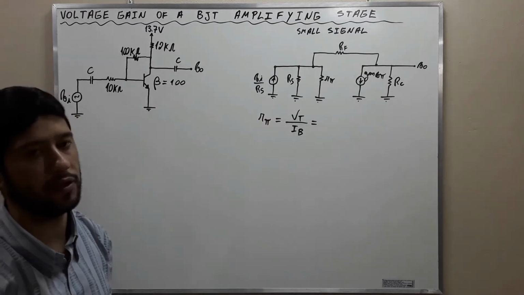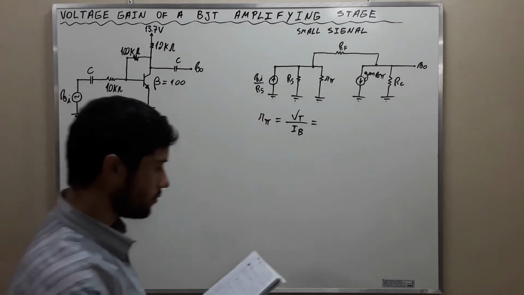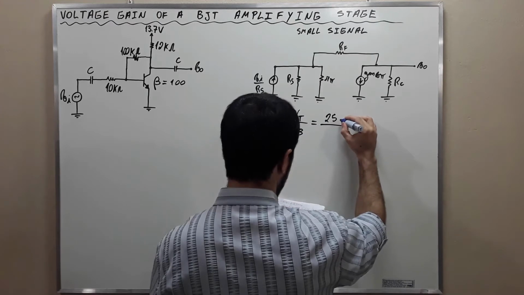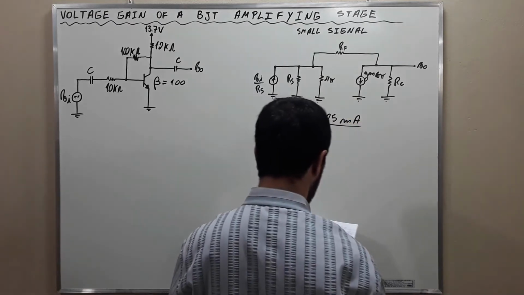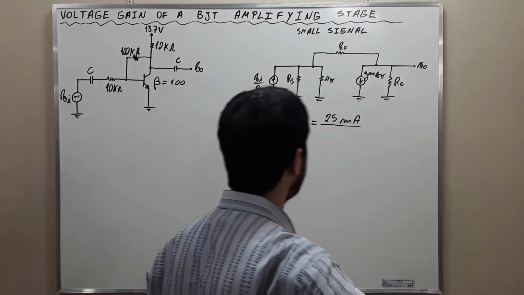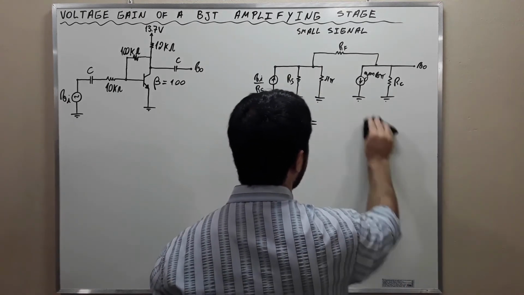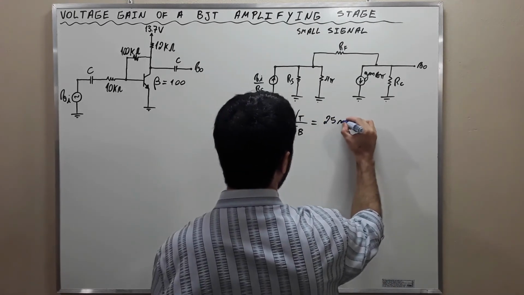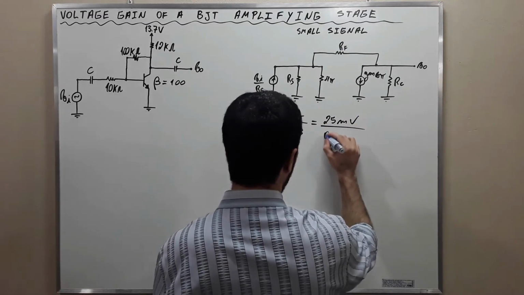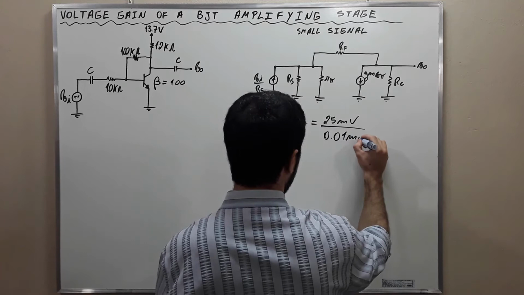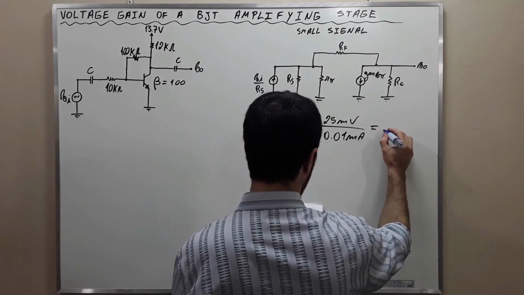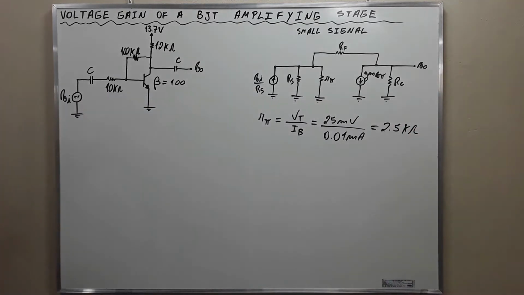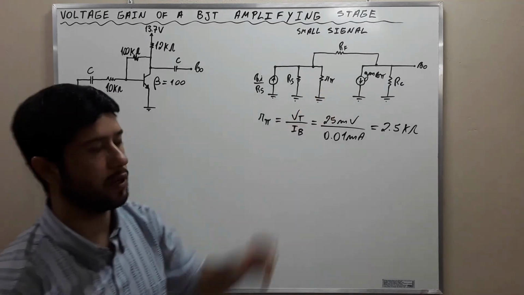You can find VT there, which is going to be equal to 25 millivolts, divided by 0.01 milliamperes, and this is equal to 2.5 kilo ohms. All right, we already know this parameter here.